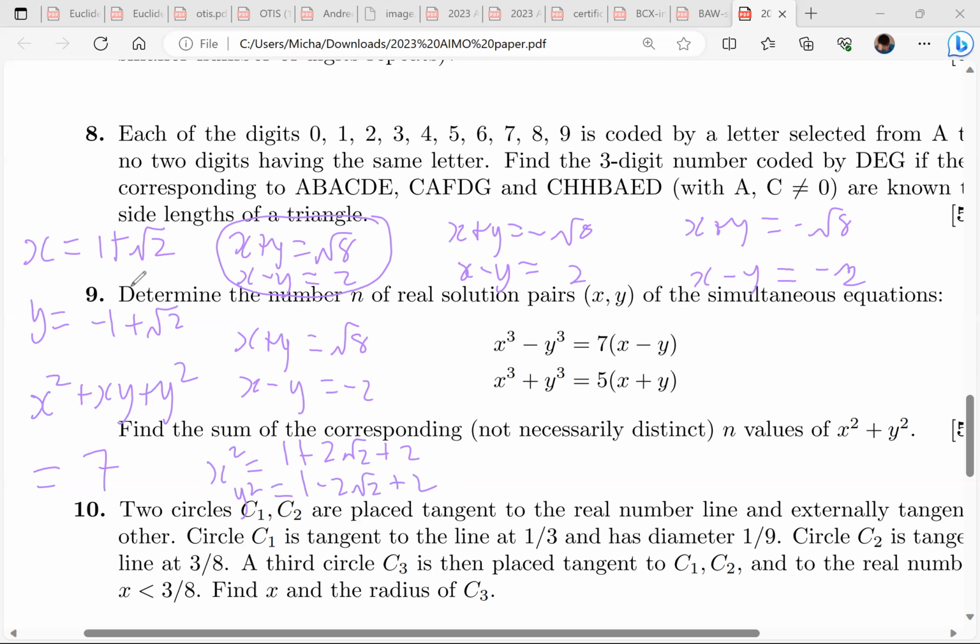And then x times y is essentially the difference of two squares thing. It's 2 minus 1, right? So it's 1, which is what you want. And so x squared plus y squared is in fact 6, and xy is 1. And so when you add them, you do get 7, right? So you can actually just check that they're all solutions.